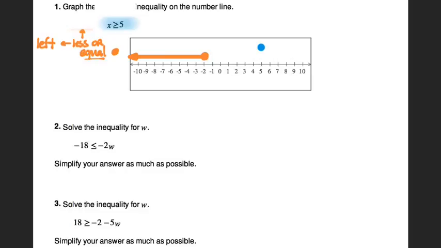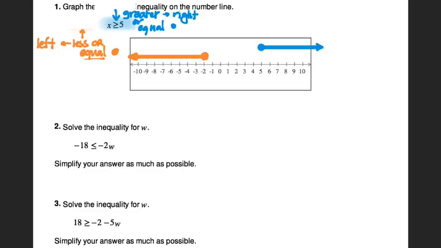How do we read that? X is greater than or equal. Right. Greater or equal. And because of the equal part, we're going to put in a solid circle because 5 is actually included in this set. And greater than means we're going to shade which direction? Right, instead of left. After all, greater means to the right on the number line. So that's how we understand what the word greater looks like. So I'll start at 5 with a solid circle, and then I'll shade everything going to the right.